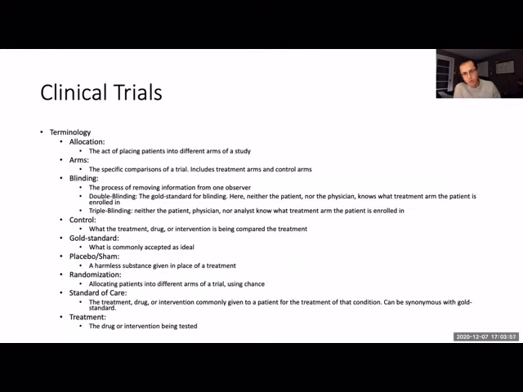So we give a placebo, for example, if we're injecting some sort of a vaccine, we might just inject water. And then that way we're determining whether any effects that the patient has are due simply because of the actual drug and not just the act of injecting something into the patient. So a placebo is meant to try to control for the effects of simply giving something to the patient. For randomization, it's the act of allocating patients into different arms of a trial using chance.